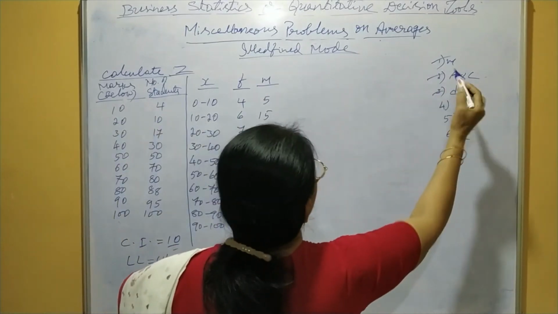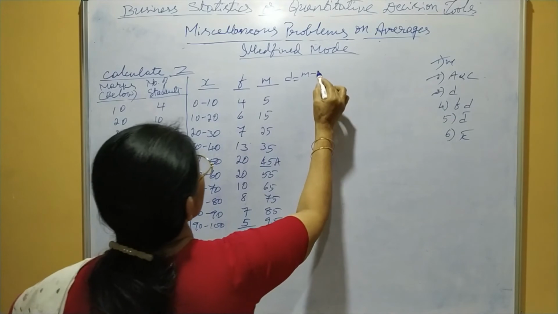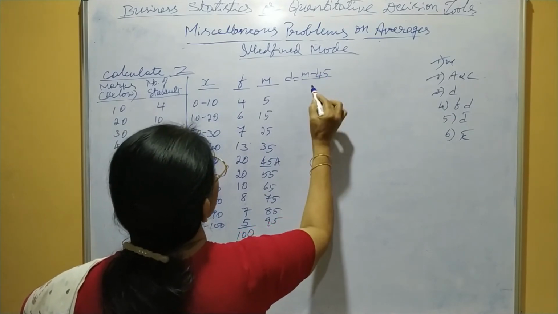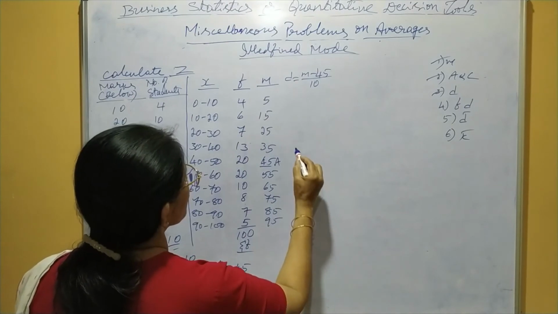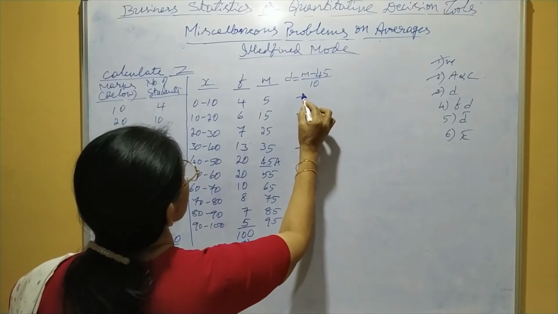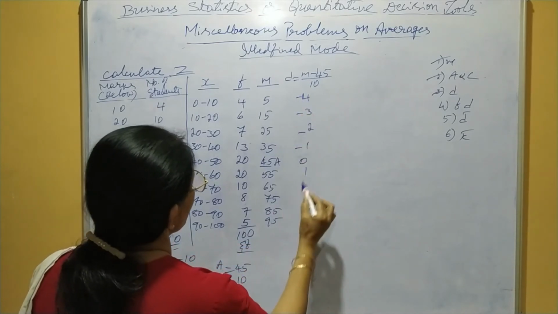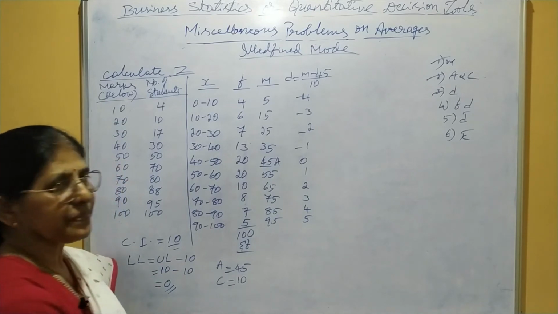Now, next step is D. D equals M minus A divided by C. A is 45, C is 10. Corresponding to assumed mean 0, minus 1, minus 2, minus 3, minus 4. Below that 1, 2, 3, 4, 5.